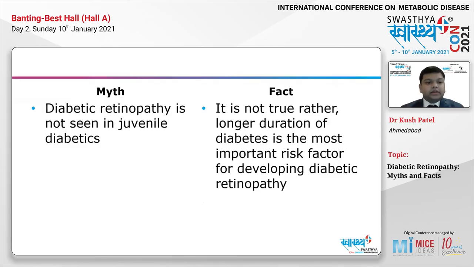The other myth is that diabetic retinopathy is not seen in juvenile diabetics. But the fact is that it is not so. Juvenile diabetics are the ones who have a longer duration of diabetes and, as we said earlier, that is the most important risk factor for developing diabetic retinopathy.